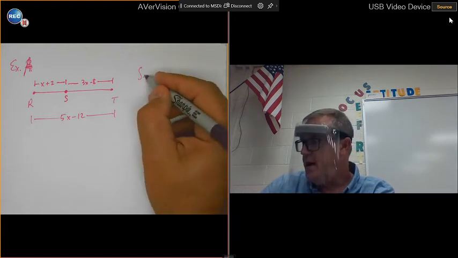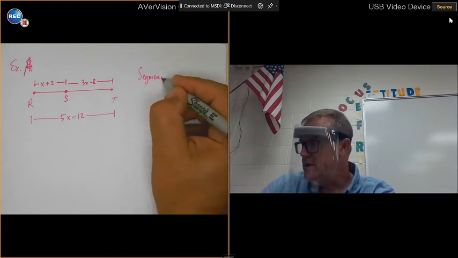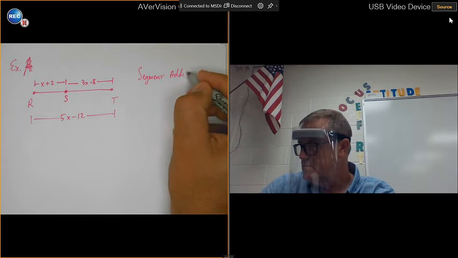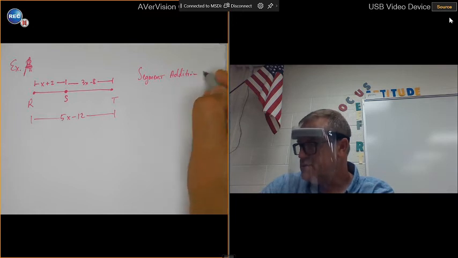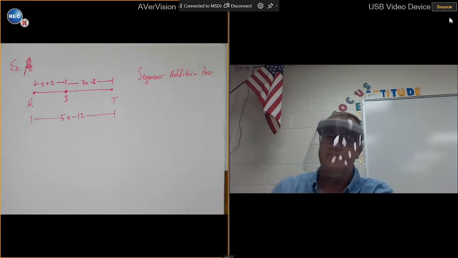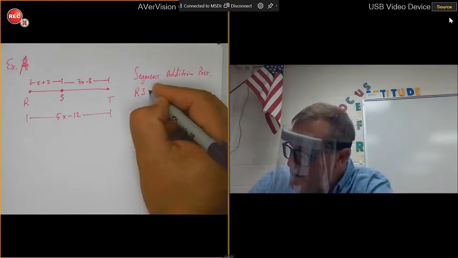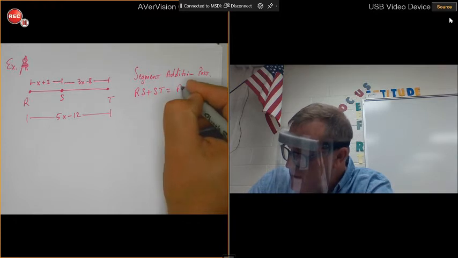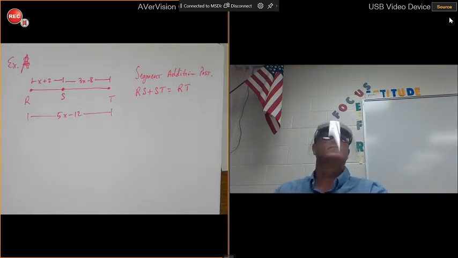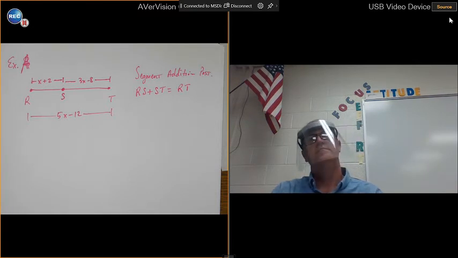Okay, so by the segment addition postulate, which we've already discussed, remember it, I know that RS plus ST is equal to RT. Simmons, you see that? RS plus ST is equal to RT.